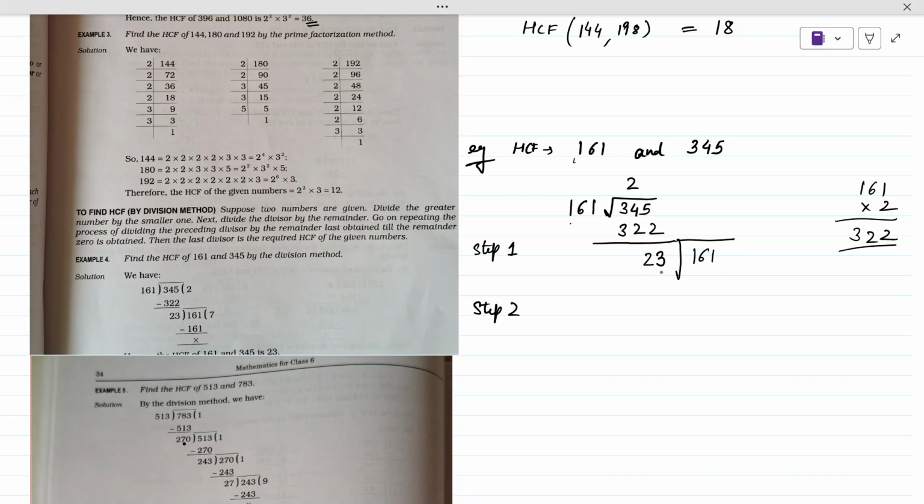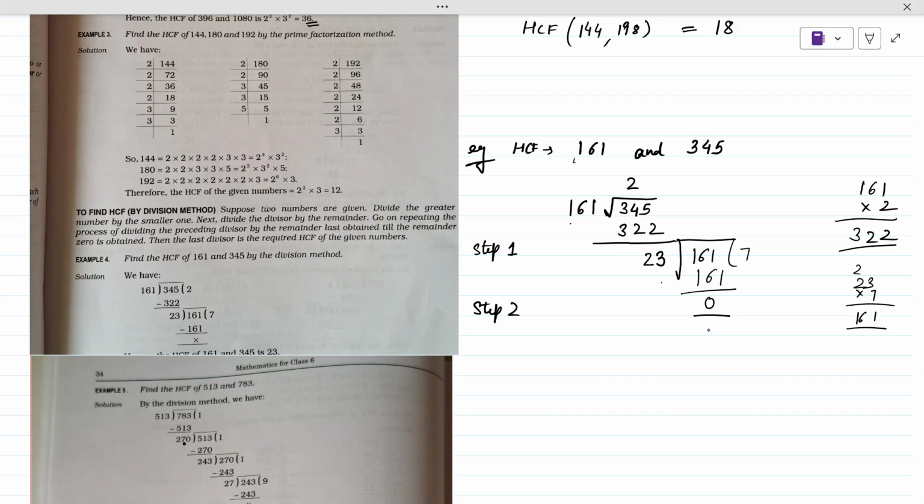Let us try to multiply 23 with 7, because in that case there is a probability we will get this number. And why is the probability there? Because 7 multiplied by 3 will give us 21, so this is 1 here, and 7 into 2 is 14, plus 2 is 16. So this is the exact number which we have got. 23 multiplied by 7 will give us 161, and we are getting 0 as a remainder here.